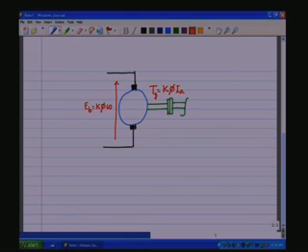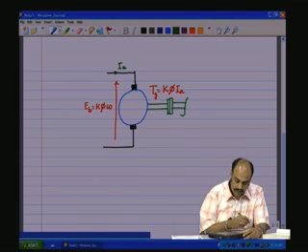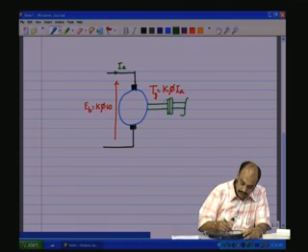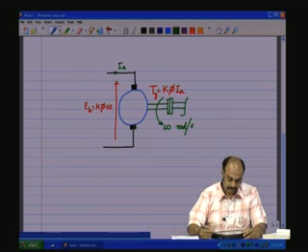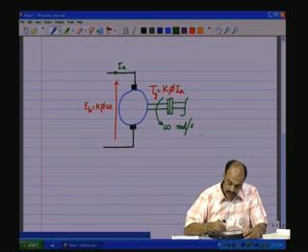Now, what is Ia? Ia is the current that is flowing into the armature, or the armature current. And what is omega here? Omega is the speed in radians per second, and where K is equal to P Z by 2 pi.